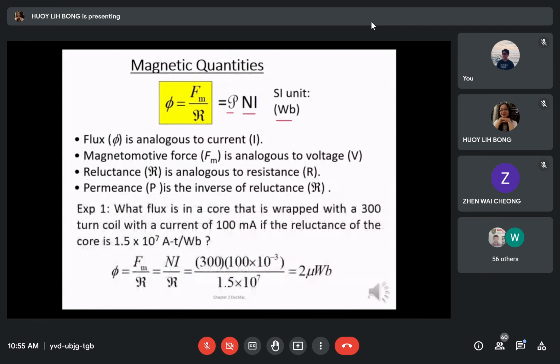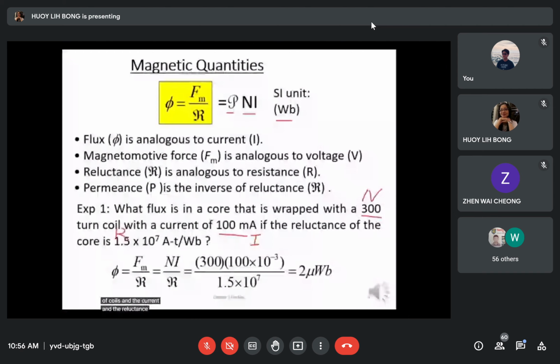An example: what is the flux in a core that is wrapped with a 300-turn coil having a current of 100 milliamp, if the reluctance of the core is 1.5 times 10 to the power 7 ampere turns per Weber? We are given the number of turns of the coil, the current, and the reluctance of the core.